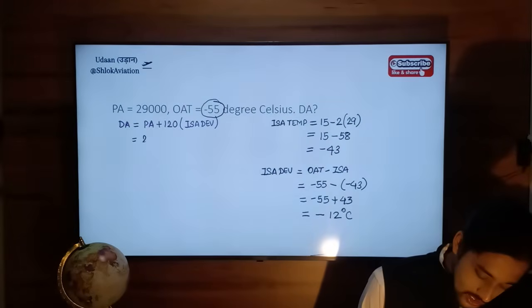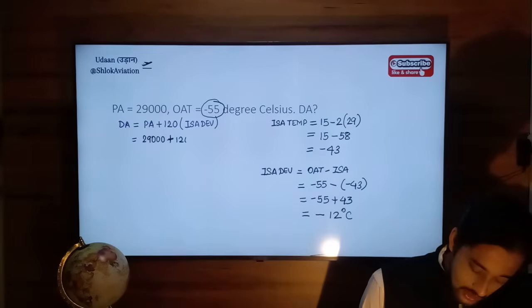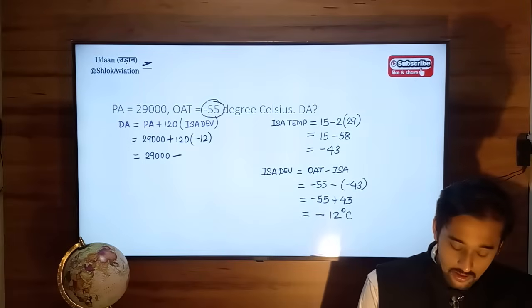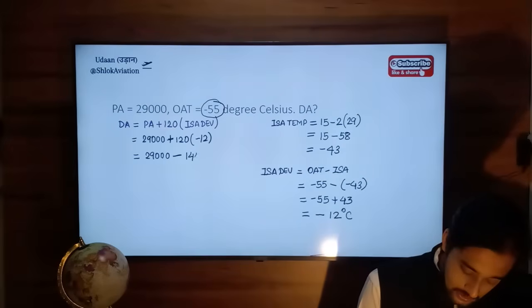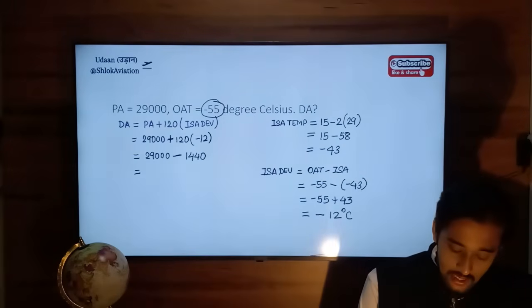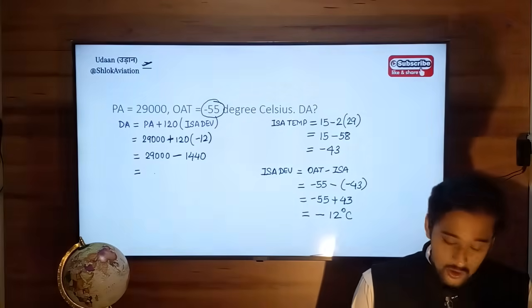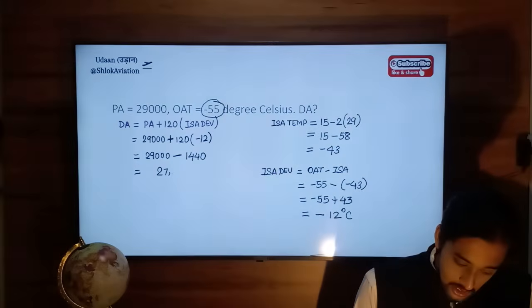So 29,000 plus 120 into minus 12. 29,000 minus 120 into 12, 1440. 29,000 minus 1440 is 27,560 feet.